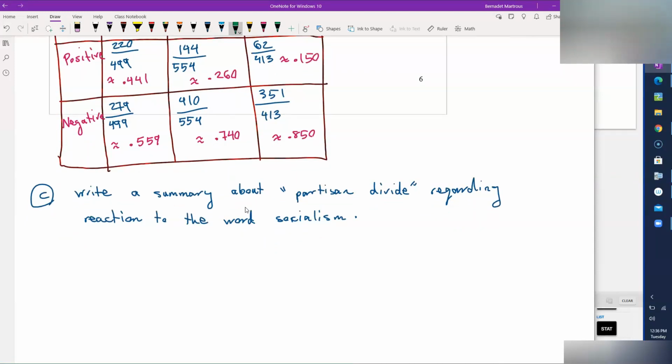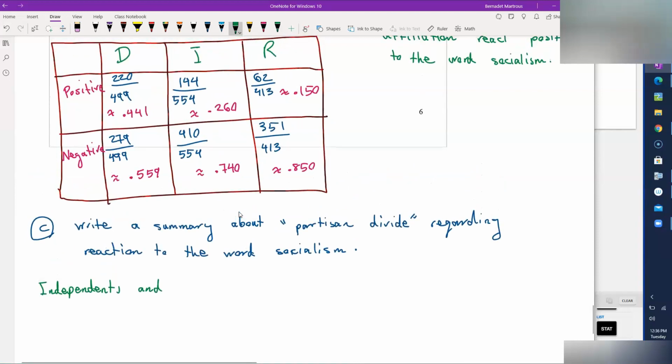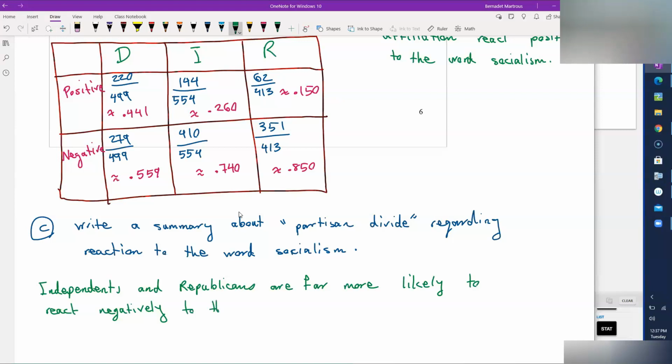So based on what our conclusion was, that we rejected null, and what I have here in this box, independents and Republicans are far more likely to react negatively to the word socialism than what we had for Democrat.